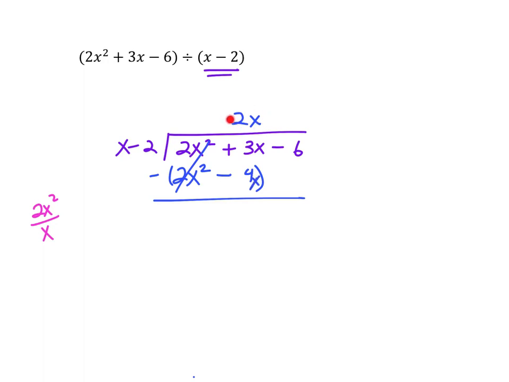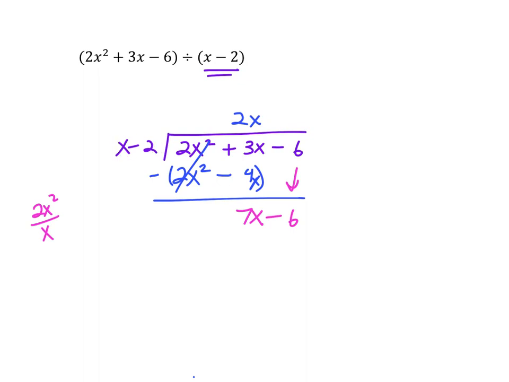So remember we did 2x times negative 2 is negative 4x. Okay, now we're subtracting. 3x minus a negative 4x turns into 3x plus 4x, which is 7x. Then we carry down our minus 6. Okay, now we're done with the 2x squared, and now we have 7x minus 6.